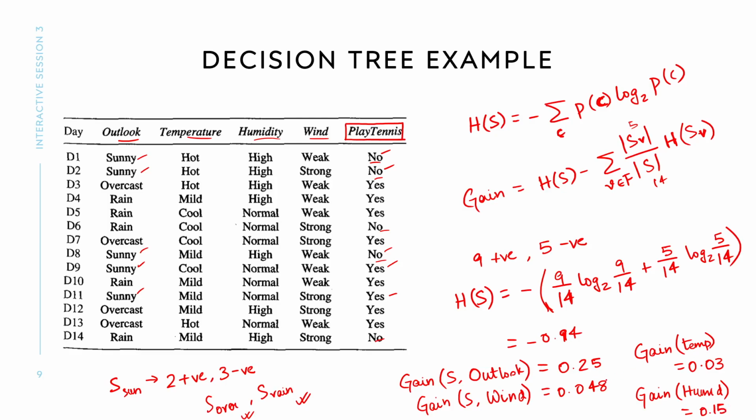Okay, so from these four values you see that the gain for outlook is highest. So we'll choose outlook as our first branch, right? The first feature along which we are branching.